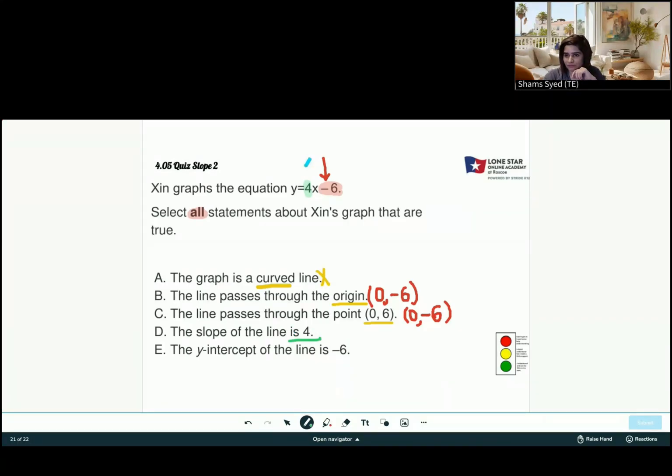Slope is m. Oh, yes, it is 4. Is the y-intercept negative 6? Y-intercept is the red one. It actually is. So slope and y-intercept were correct. The rest were wrong answers.